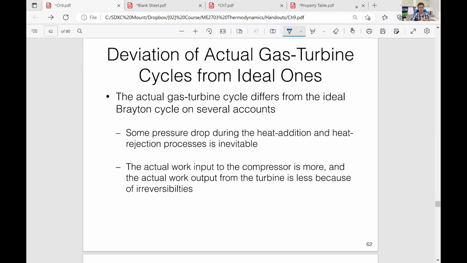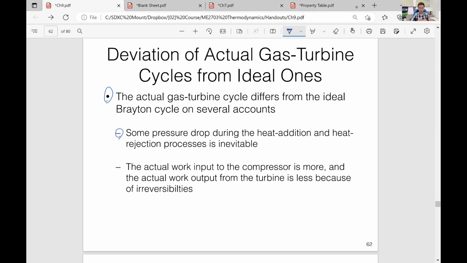We have evaluated the turbine and compressor, and these two devices happen to be here in gas turbine engines. So basically we can combine the isentropic efficiency problem with gas turbine cycle problems. Here, the actual gas turbine cycle differs from the ideal Brayton cycle on several accounts.